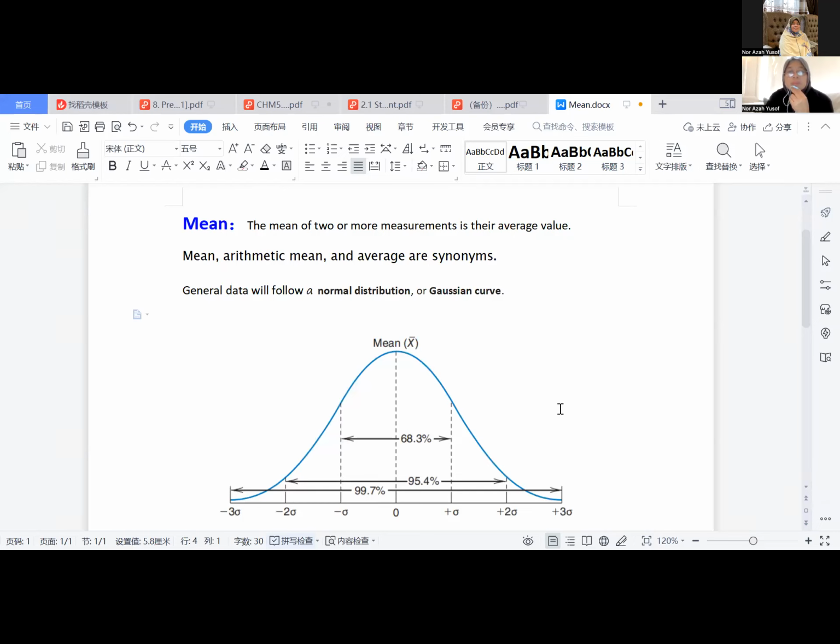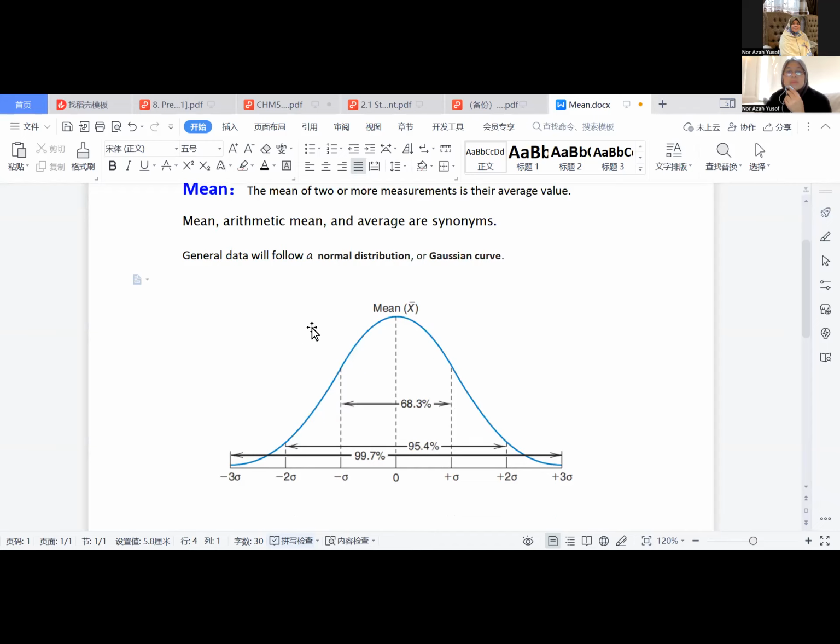The mean of two or more measurements is their average value. Mean, arithmetic mean, and average are the same. Any general data will follow a normal distribution or Gaussian curve, like this graph. In the normal distribution, this is the mean.